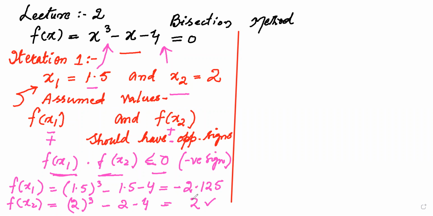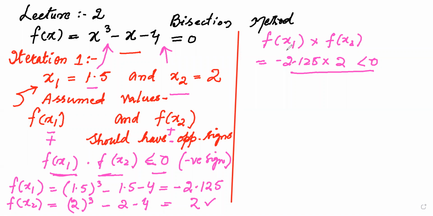And if you look at f of x1 multiplied by f of x2, that is minus 2.125 multiplied by 2. So this product is less than 0 because the product is negative. Therefore, the choice of x1 and x2 is correct mathematically. We write this is feasible.